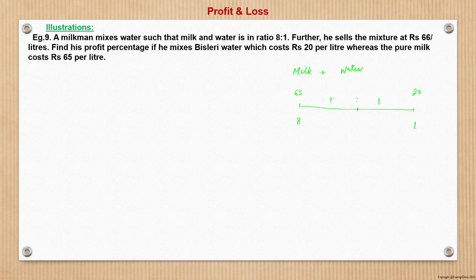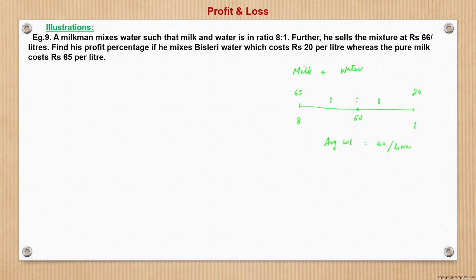So this distance of 9 units, 1 plus 8, represents 65 minus 20, which is 45. So 9 units represent 45, so 1 unit will represent 5. So this will be nothing but 65 minus 5, or 20 plus 8 into 5, 40, which is equal to 60. So the average cost of the mixture becomes 60 per liter.